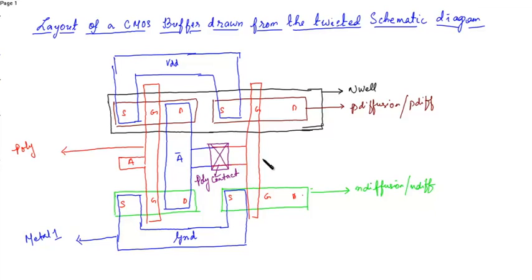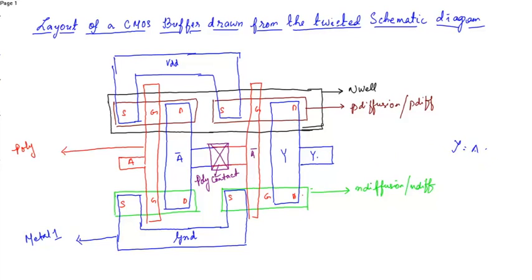Now this is the input, that is A bar, and the output of the second inverter is obtained from here, which is Y. You can see this is the final output of the buffer, it is Y. Now this Y is nothing but equal to A.